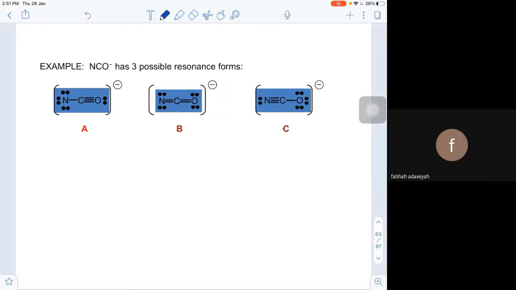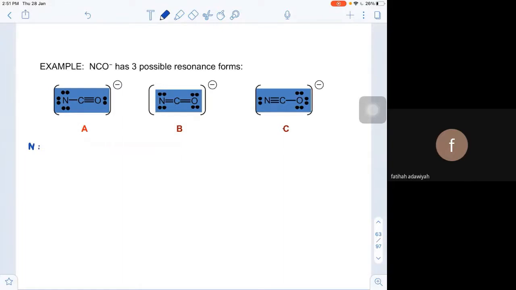So we want to calculate the formal charge of all atoms here. Since we have 3 structures A, B, C, we want to start with the first one, which is the nitrogen in structure A.